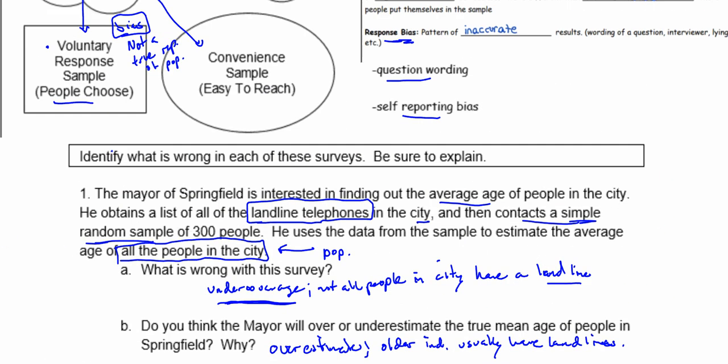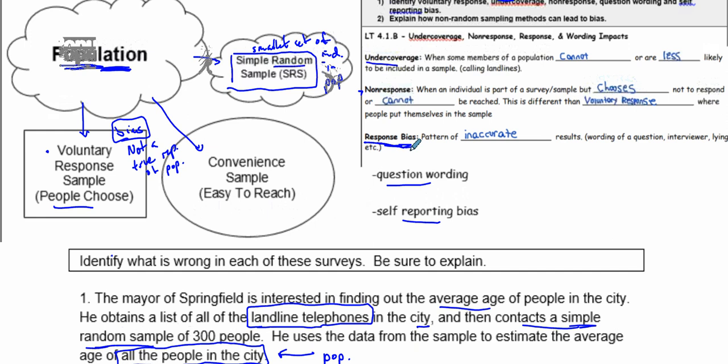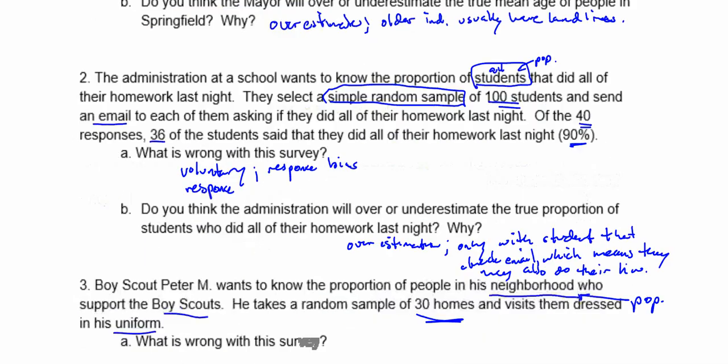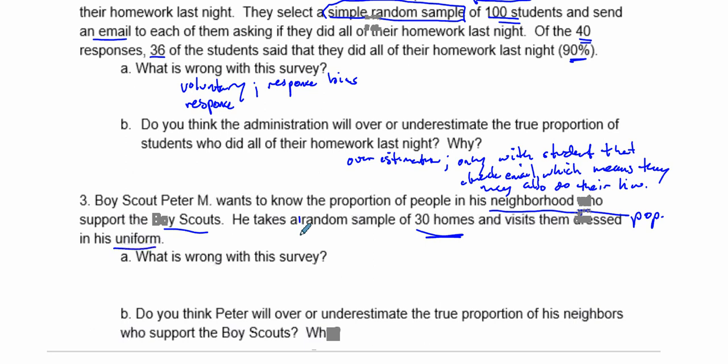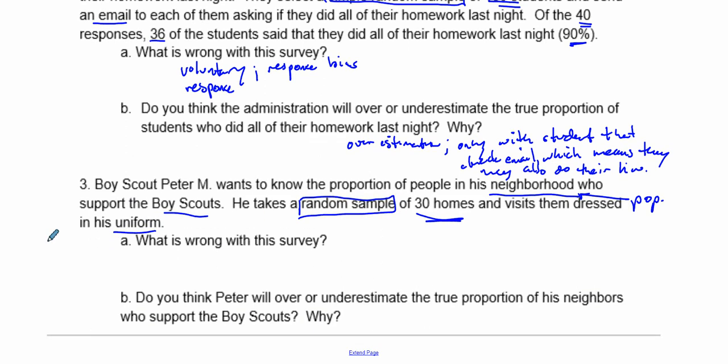Well, this would be, once again, some response bias. Though it was a random sample of 30 homes, he came to your door and tried eliminating bias, but he was dressed up as a Boy Scout. Would you give a bad review of the Boy Scouts? So this would be response bias. People would probably give a favorable review. Do you think people overestimate?